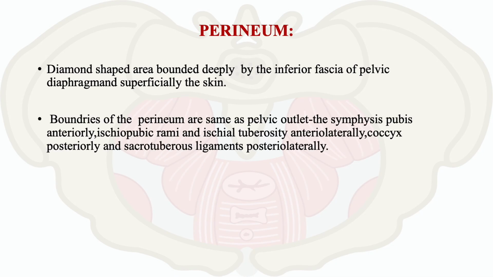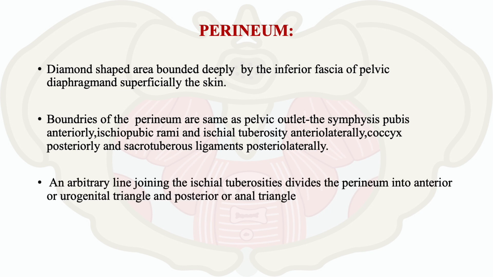The boundaries of the perineum are the same as those of the bony pelvic outlet: the pubic symphysis anteriorly, ischiopubic rami and coccyx posteriorly, and sacrotuberous ligament posterolaterally. Now an arbitrary line joining the ischial tuberosities divides the perineum into the anterior or urogenital triangle and the posterior or anal triangle.